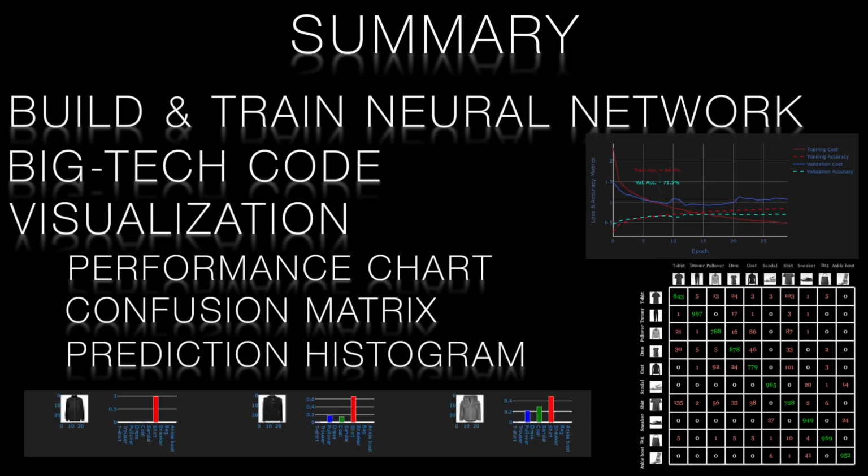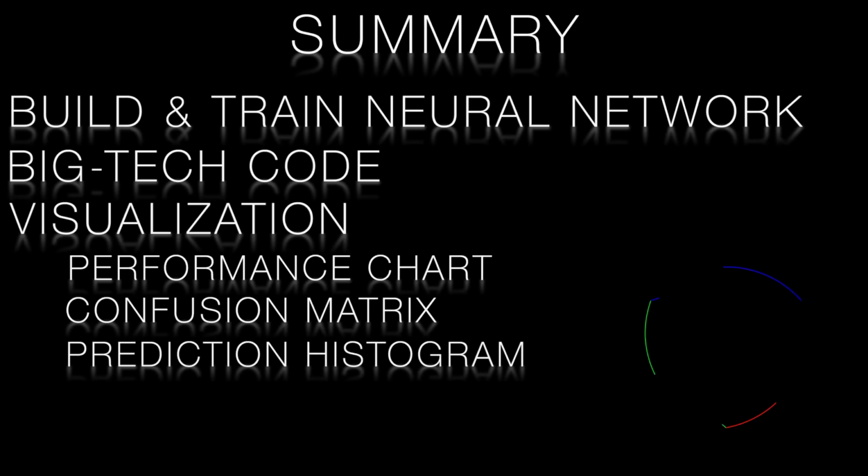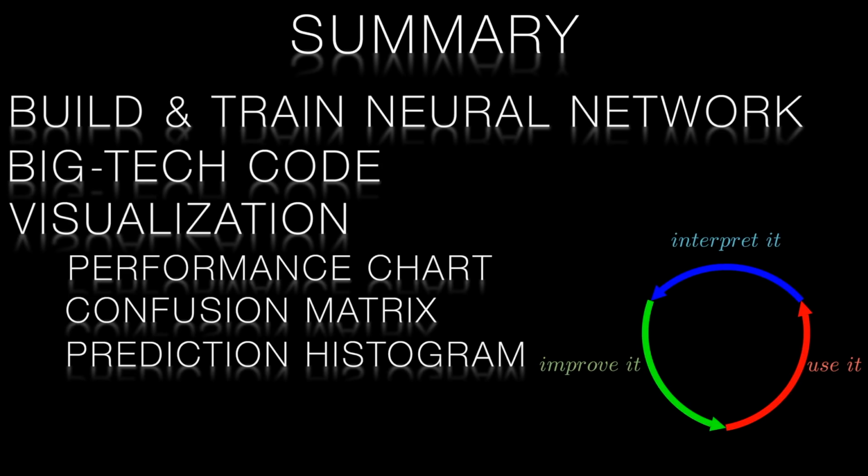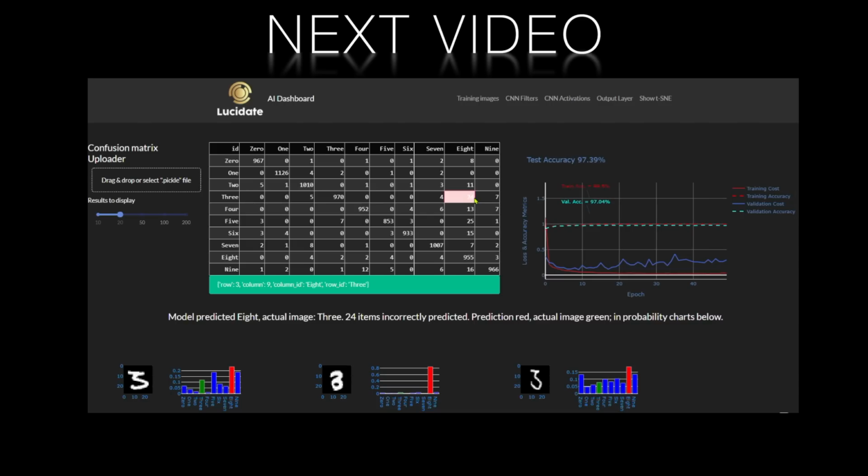Given the adaptive nature of AI, the fact that it can improve as it sees more data, it's important to make use of these tools to help us to continue to refine and improve our machine learning algorithms. Please join me in the next video as we apply these tools to our trained network.